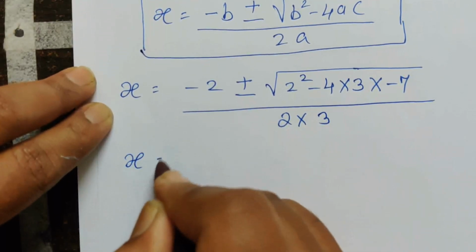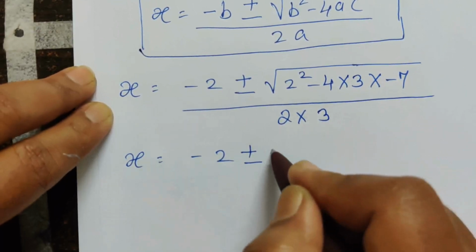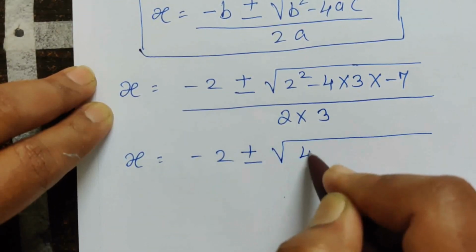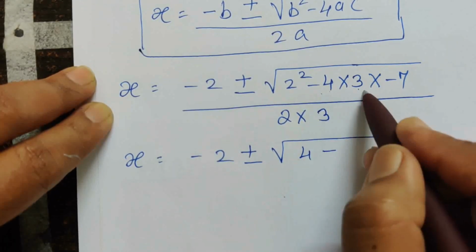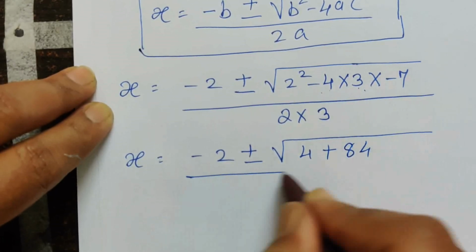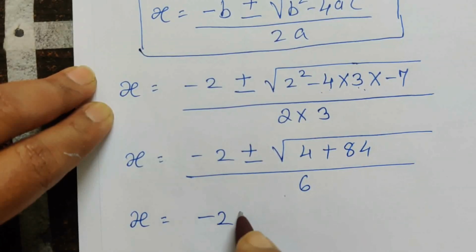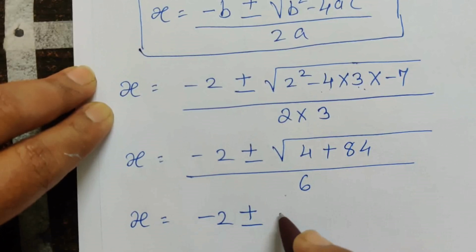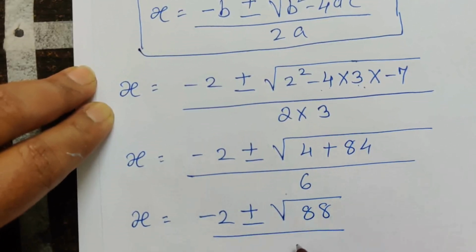X is equal to minus 2 plus minus 4 minus 4 3s are 12, minus 12 minus 7, plus 84, upon 6. X is equal to minus 2 plus minus under root 88 upon 6.